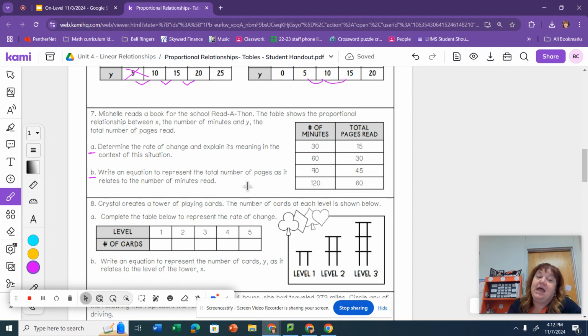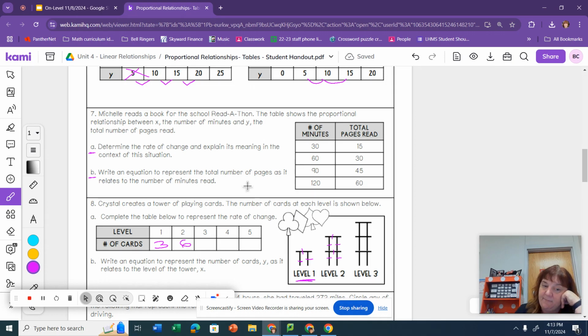Now, number 8. Crystal creates a tower of playing cards. The number of cards for each level is shown below. Complete the table below to represent the rate of change. Well, when I did 1 level, how many cards did I have? 1, 2, 3. When I did 2 levels, how many cards did I have? 1, 2, 3, 4, 5, 6.